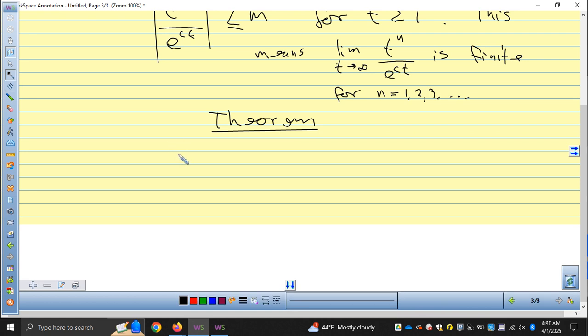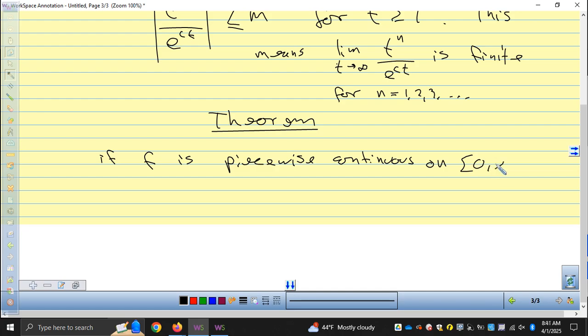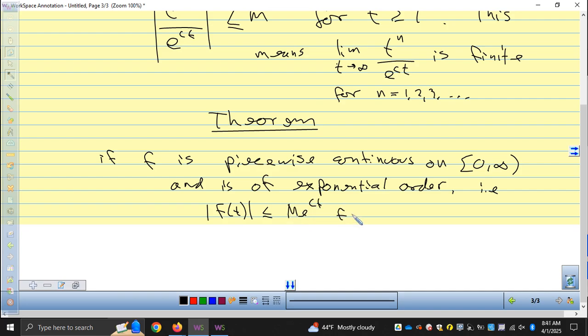Now we're going to say if f is piecewise continuous on 0 to infinity and is of exponential order, and just to reiterate, that means the absolute value of f of t is less than or equal to M e to the ct for some t greater than T, then the Laplace transform exists.